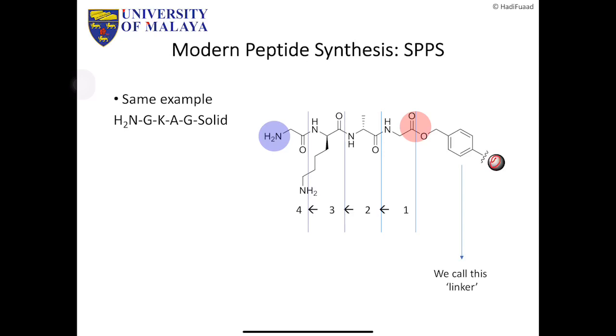You have your solid support here, you have your linker, and you will do your synthesis from the C to N approach again. For simplicity, I did not put any protecting groups, or touch on the activating agent that you need to promote this reaction forward.